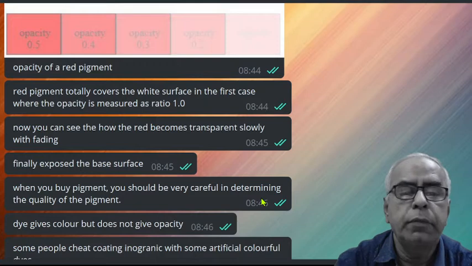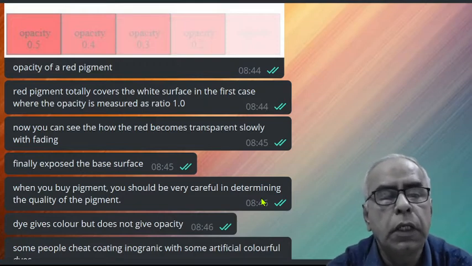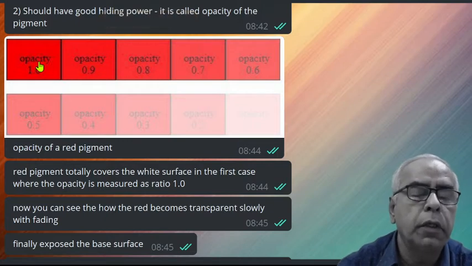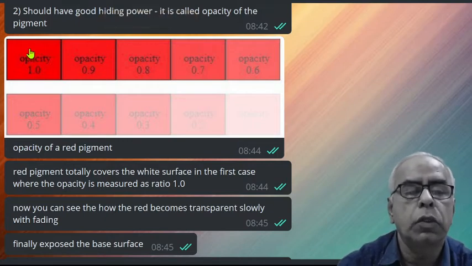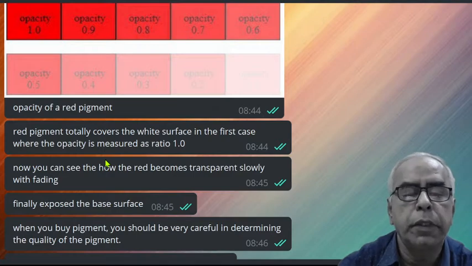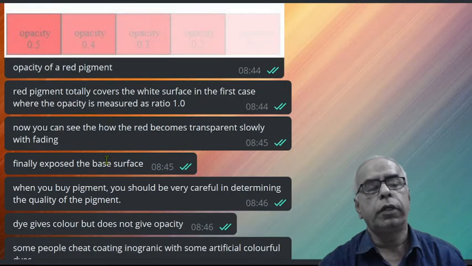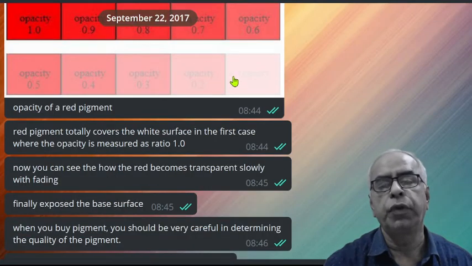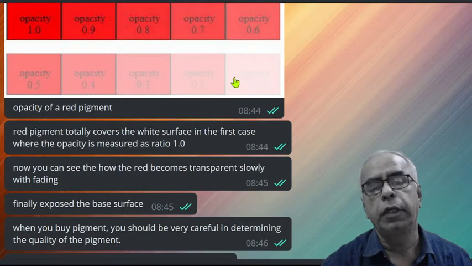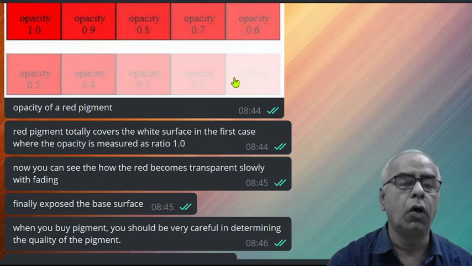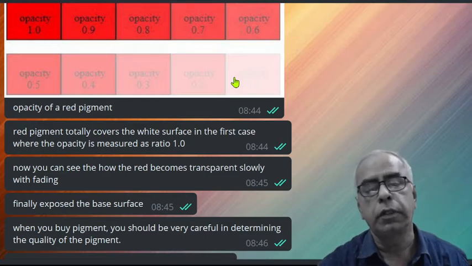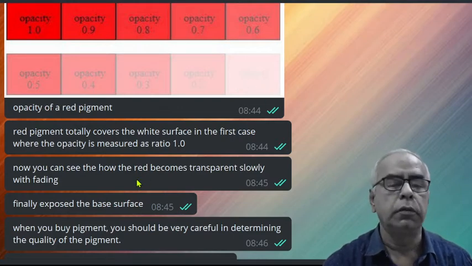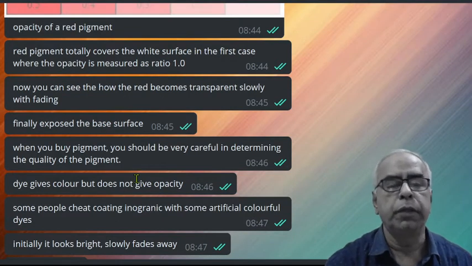Then the red pigment totally covers the white surface. In the first case here, it is measured as 1.0, so it has the fullest opacity. Opacity means hiding power. Now you can see the red becomes transparent slowly with fading also. Naturally, when the opacity goes off, it gets deteriorated also, and it may fade very soon, and that is not a good pigment.